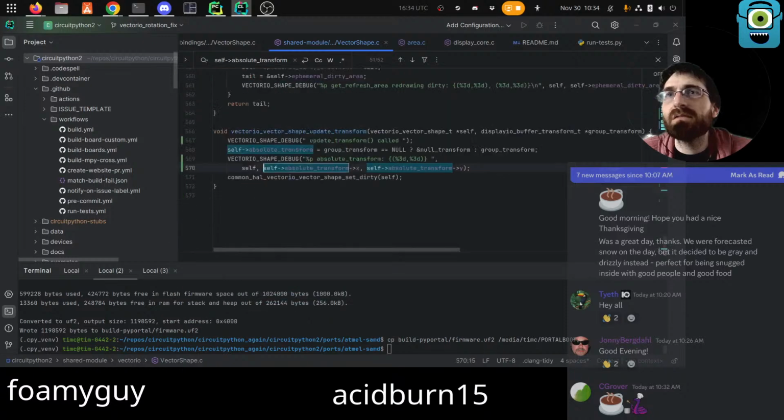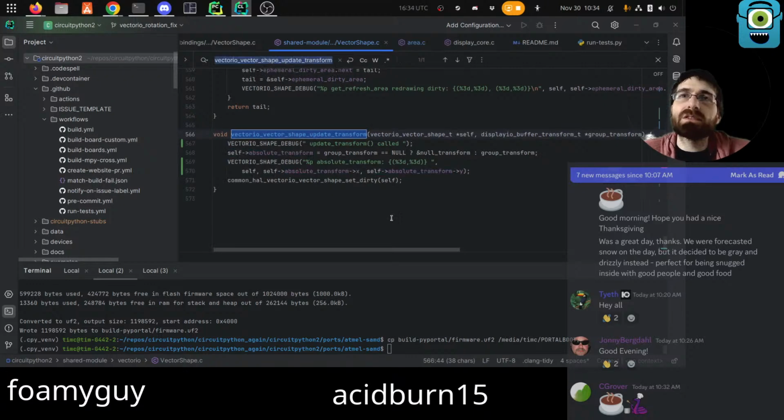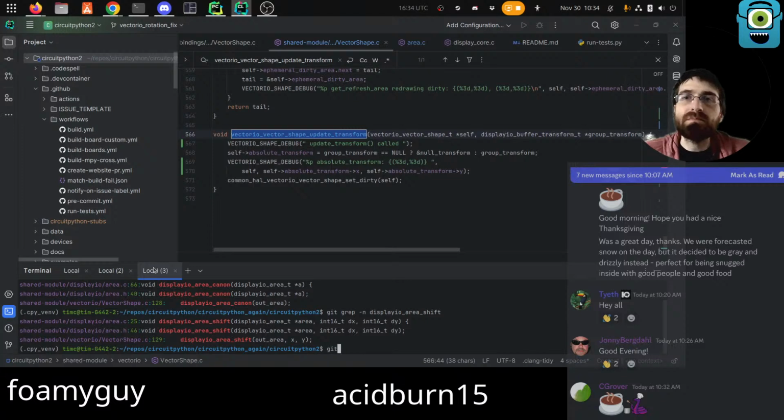I'm thinking. See, that's tough because this just gets called from who knows where. An absolute transform, that's a larger concept, so I'm inclined not to go and change that. I think the 320 is probably correct there, I guess. But the calculation inside Vectorio that's using it, then I think maybe.